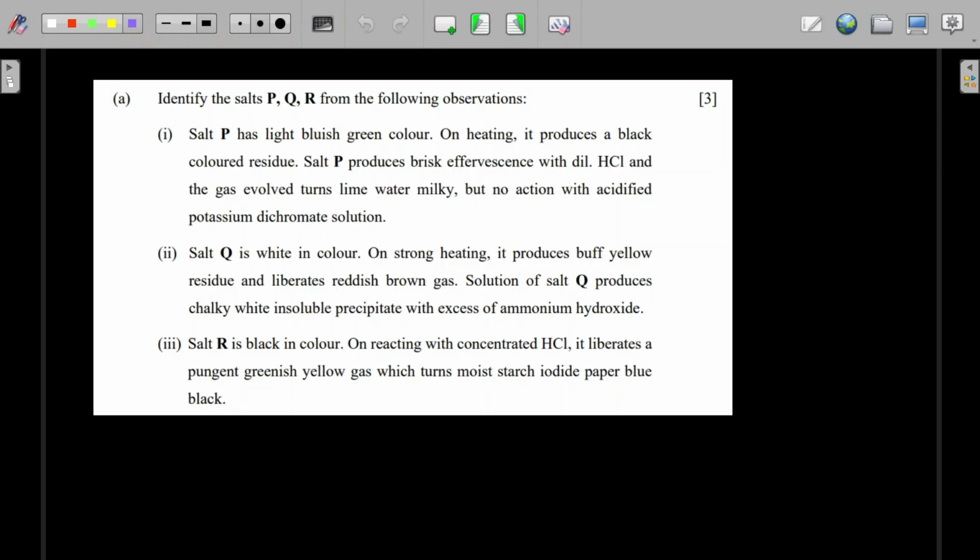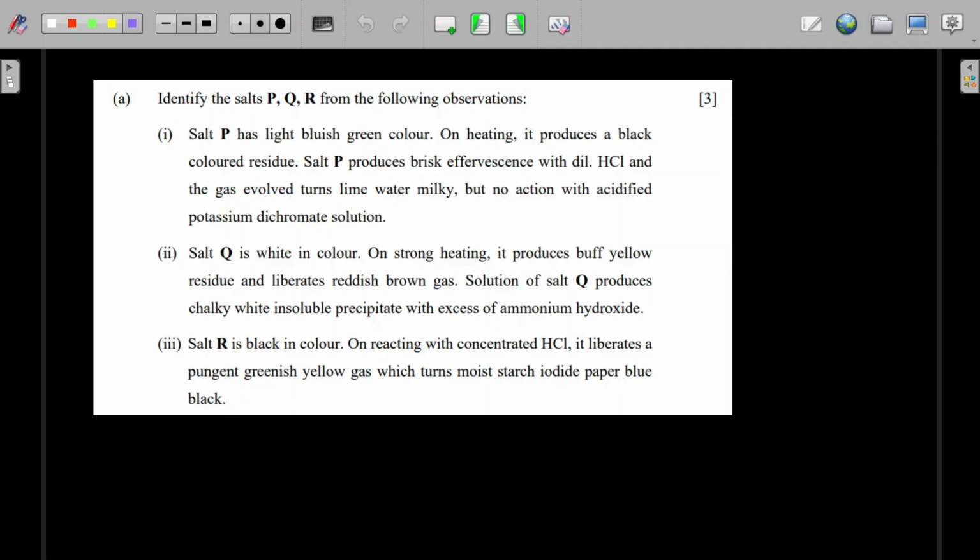Chanvi, can you read the first one? Yes, sir. Salt P has a light bluish green color. On heating, it produces a black colored residue. Salt P produces a brisk effervescence with dilute HCl and the gas evolved turns lime water milky, but has no action with acidified potassium dichromate solution.